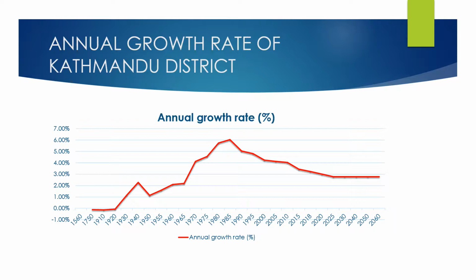So as we can see, the red line from 2020 to 2060 it is in the same line, which means there will be no such changes in the annual growth rate of Kathmandu in future.